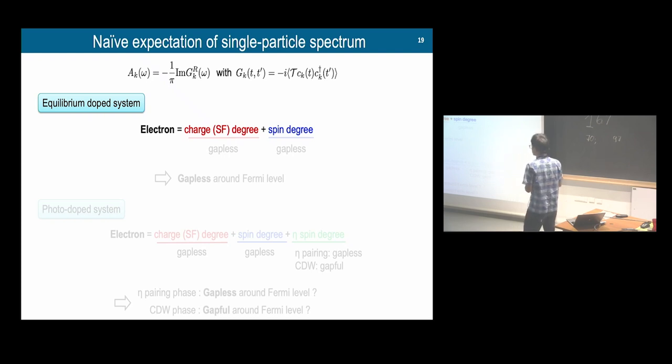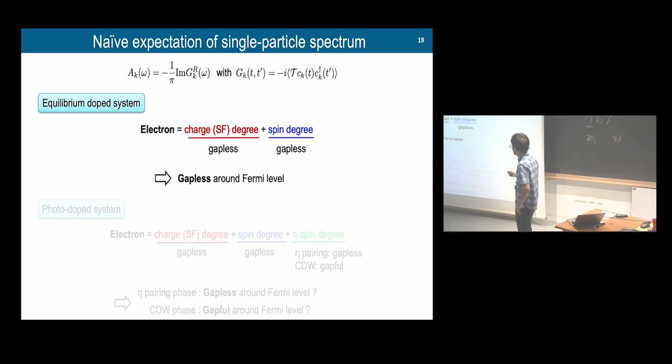In the case of the equilibrium doped system, the electron can be regarded as a combination of the charge and the spin degrees of freedom. And usually both are gapless. So this single-particle spectrum can be regarded as a convolution of these two types of excitation. And therefore, because they are both gapless, we can conclude that the single-particle spectrum is also gapless around the Fermi level.